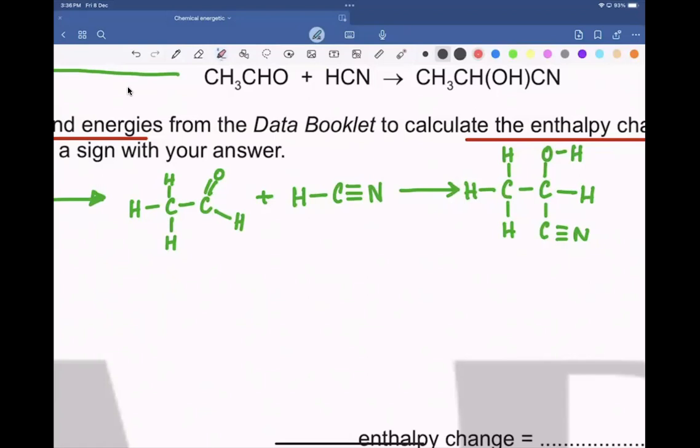Is this clear? So the oxygen double bond will be broken? Yeah, it means the oxygen carbon double bond will be broken, because see, it's not there in the product, right?